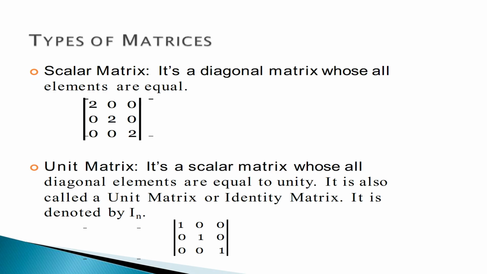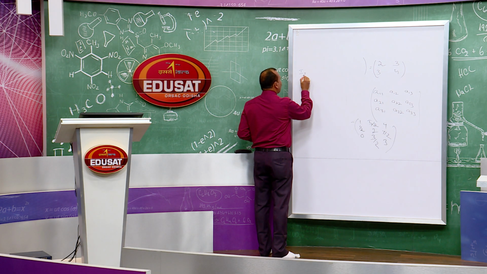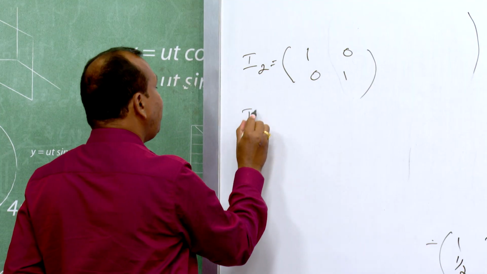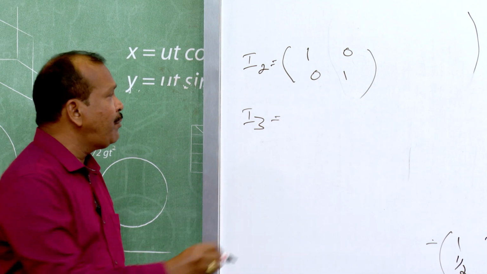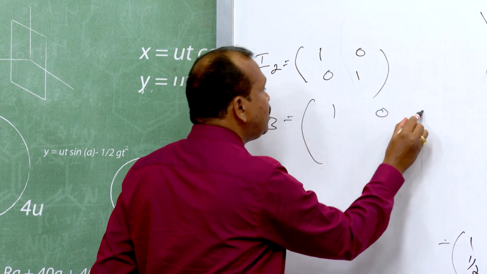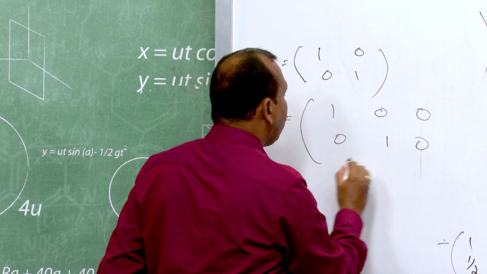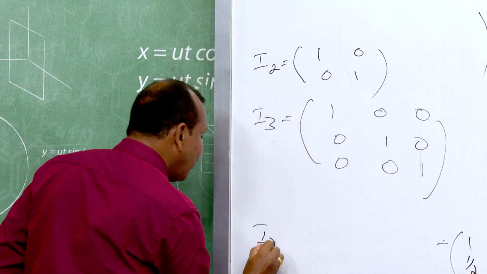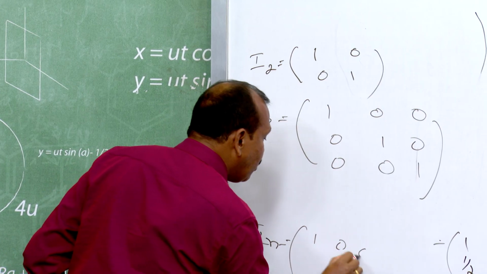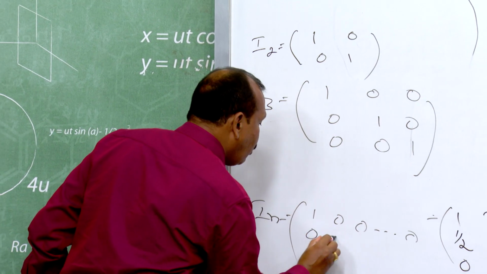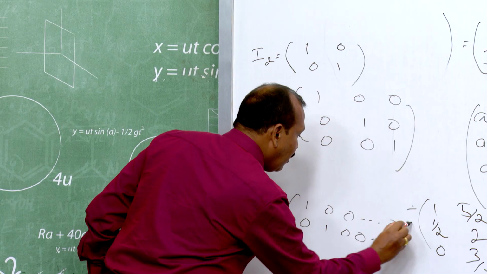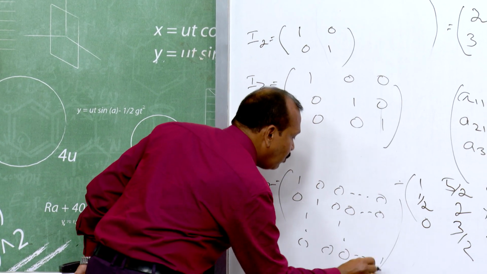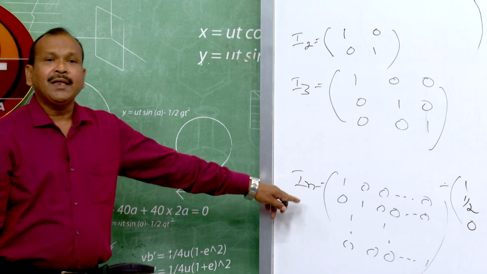I2 becomes 1, 0, 0, 1. I3, the unit matrix of order 3, becomes 1, 0, 0, 0, 1, 0, 0, 0, 1. Similarly, In becomes 1, 0, 0 up to 0, 0, 1, 0, 0 up to 0, and so on up to 0, 0, 0 up to 1. This is the nth order unit matrix.